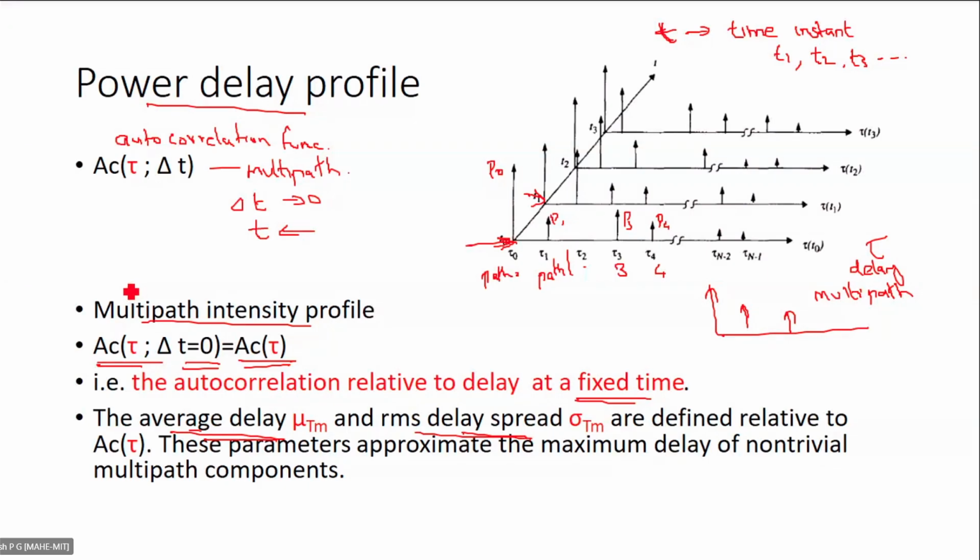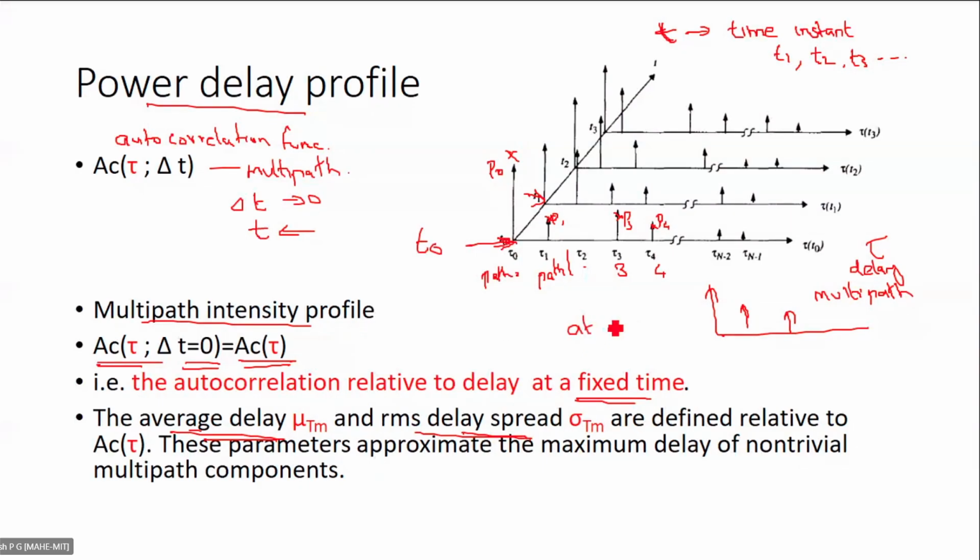For example, if you stick on to T0, you can see that there are multiple components that are received at a receiver. So this one is here, second component, third component, fourth component, etc. Okay, you have to look from the left side, that is, you are sticking on to T0. You are not considering T1, T2, T3, etc. You are taking only T0, and then fixing T0, you are observing multiple delay values, right?